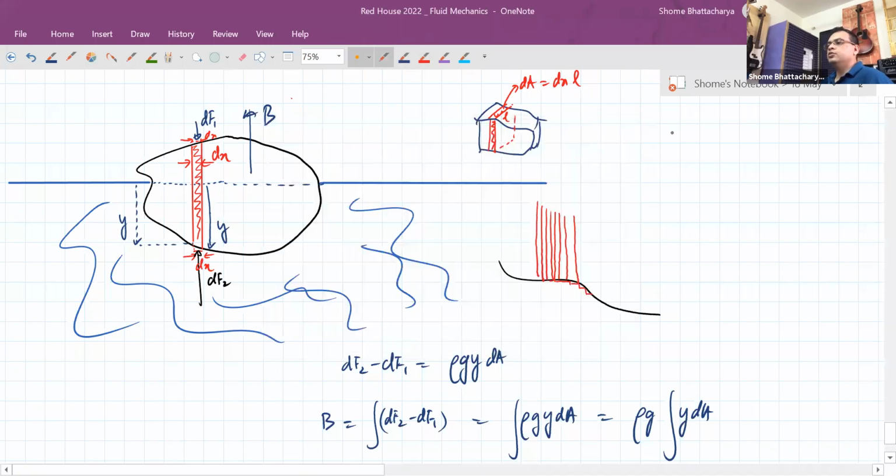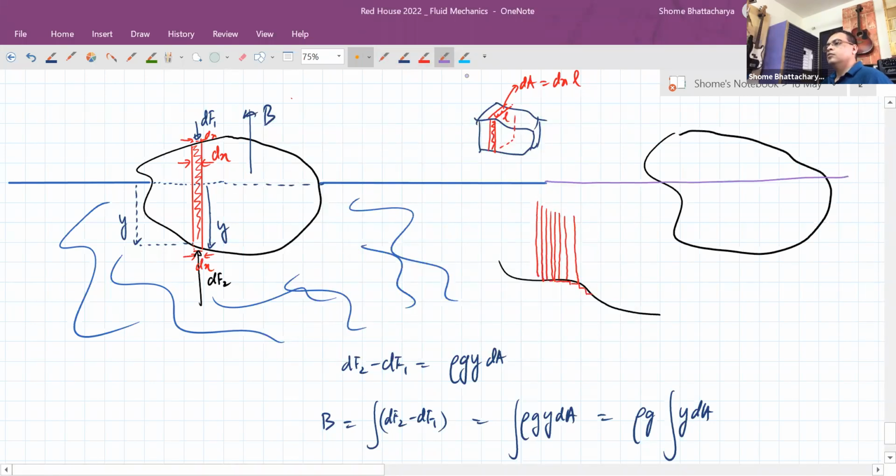That's very easy to understand because what we've done is we have cut this into slices like this, where this depth for any slice is y. Whereas this portion has an area of dA.